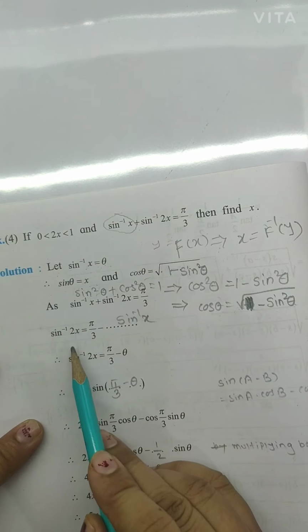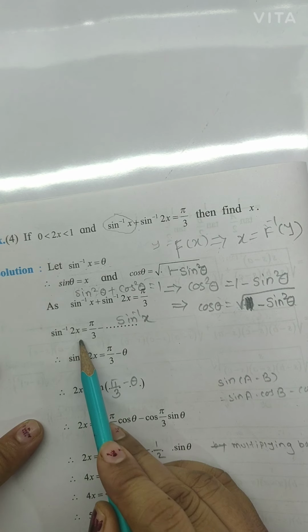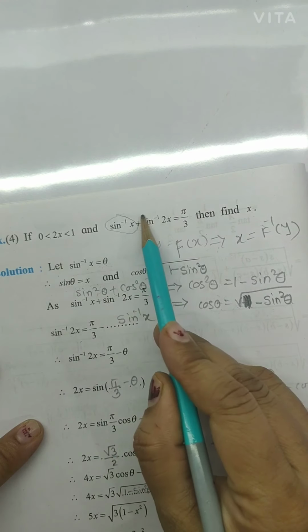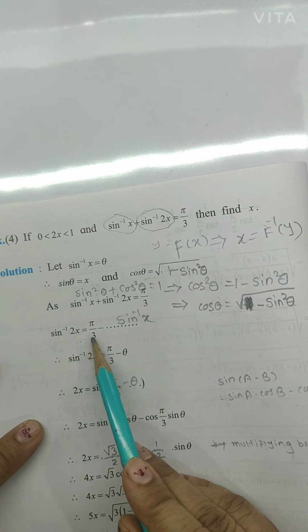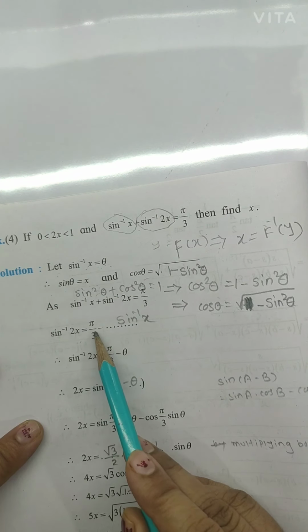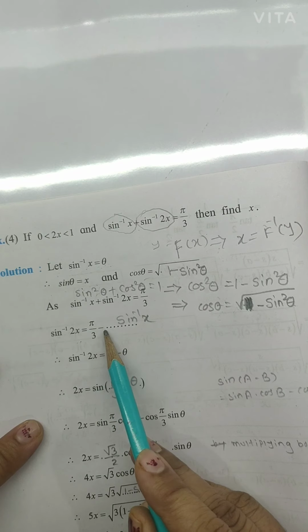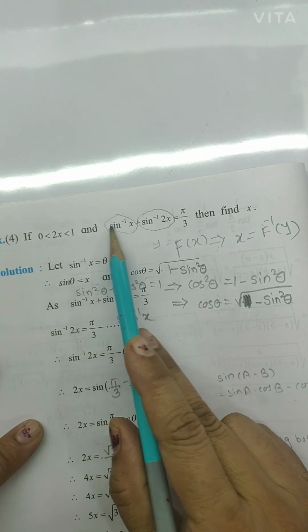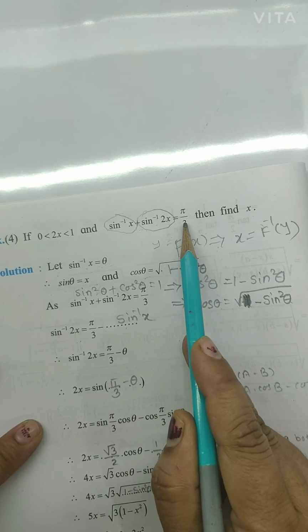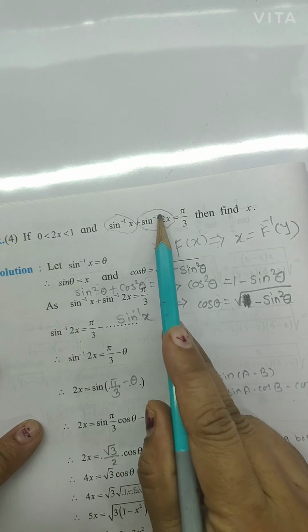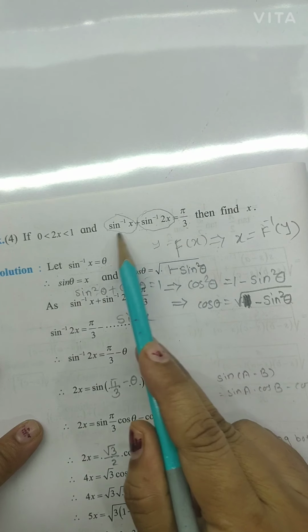Now let's see sin inverse 2x. This is our second term, which is equal to pi by 3 minus sin inverse x. If I have sin inverse x plus sin inverse 2x equals pi by 3, then can I write sin inverse 2x is equal to pi by 3 minus sin inverse x?